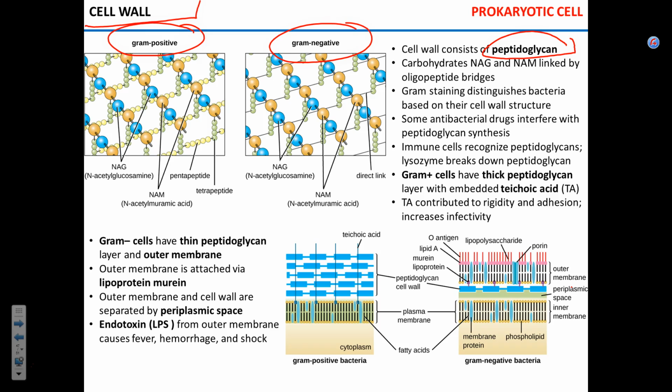It turns out that long chains of monosaccharides, N-acetylglucosamine and N-acetylmuramic acid, are present in both gram-negative and gram-positive microbes. These long chains of carbohydrates are linked by the peptide linkages. You see these peptide linkages.